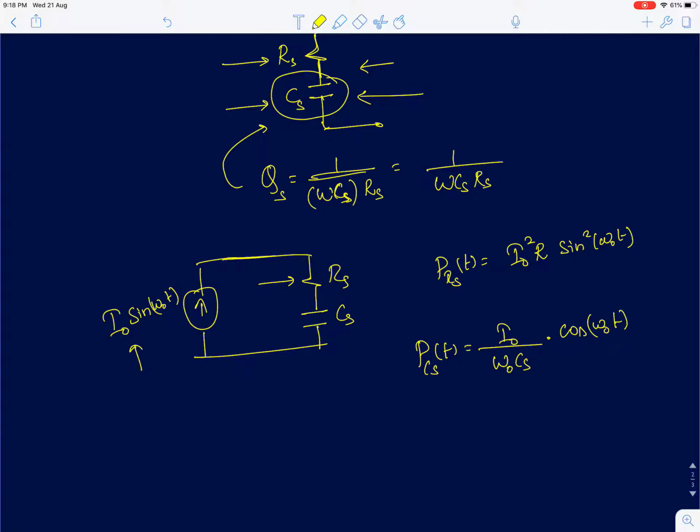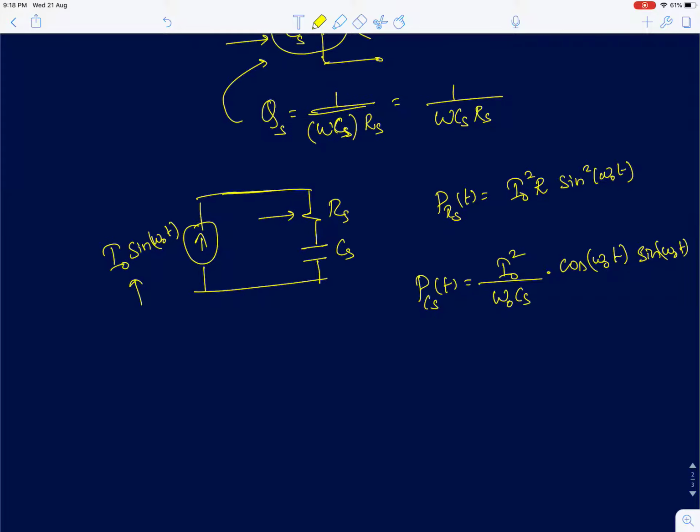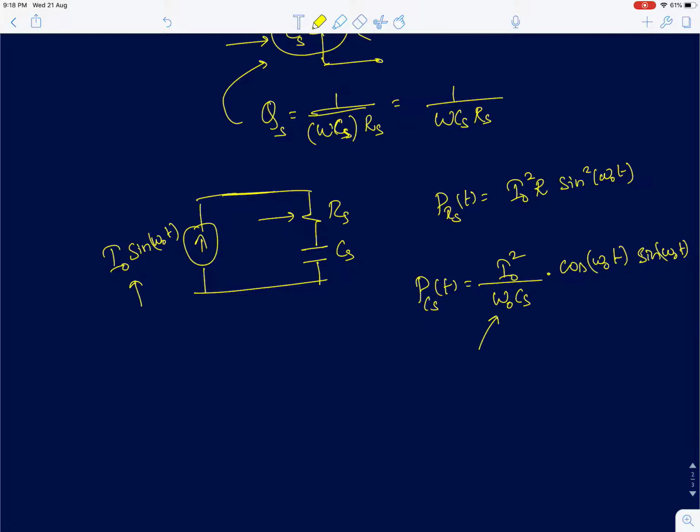The integral of this, you'll have to multiply by sine omega naught t. So there will be I naught square here. I got this result by multiplying the voltage and current across the capacitor. So this result will simply reduce to I naught square upon omega naught Cs into 1/2 of sine 2 omega naught t.